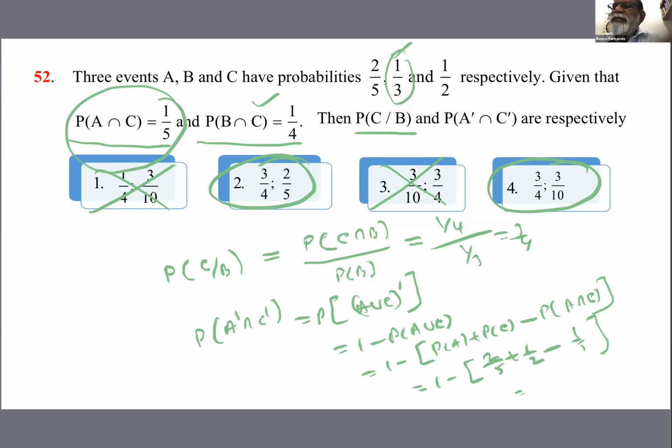So it is 1 minus (2 by 5 plus 1 by 2 minus 1 by 5), which is 1 minus 7 by 10. So it is equal to 3 by 10. So it is option number 4.